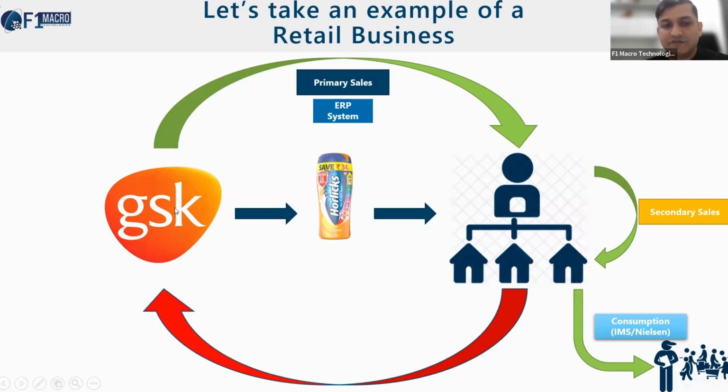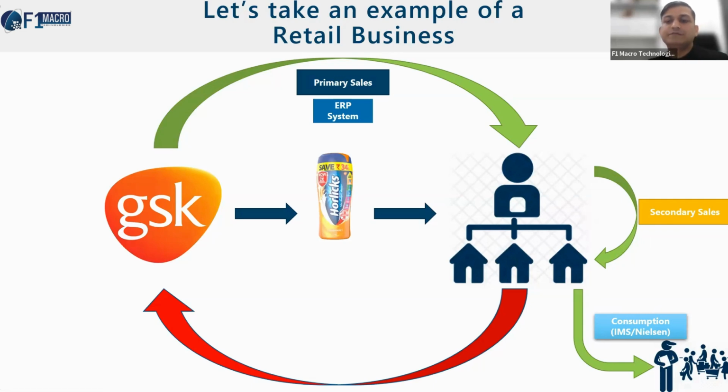So if GSK is selling to distributor, that is primary sales. When the distributor is selling to stores, that is secondary sales. That is the data generated at level 2. So level 1 is company to distributor, and distributor to stores is level 2.